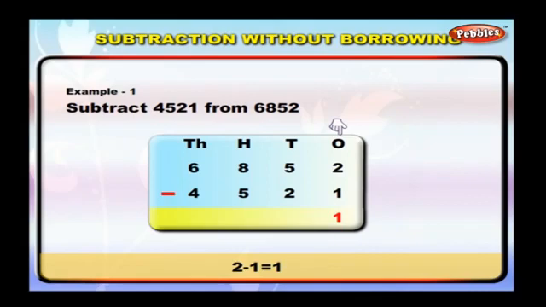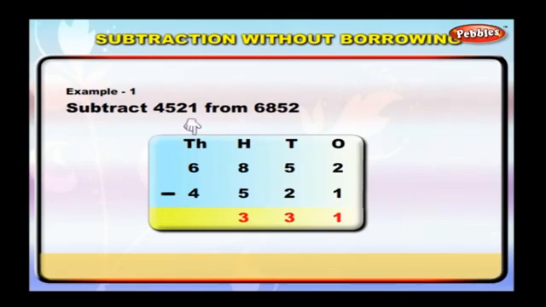We write 1 under the ones column. Subtracting tens. 5 tens minus 2 tens is equal to 3 tens. We write 3 under the tens column. Subtracting hundreds. 8 hundreds minus 5 hundreds is equal to 3 hundreds. We write 3 under the hundreds column.